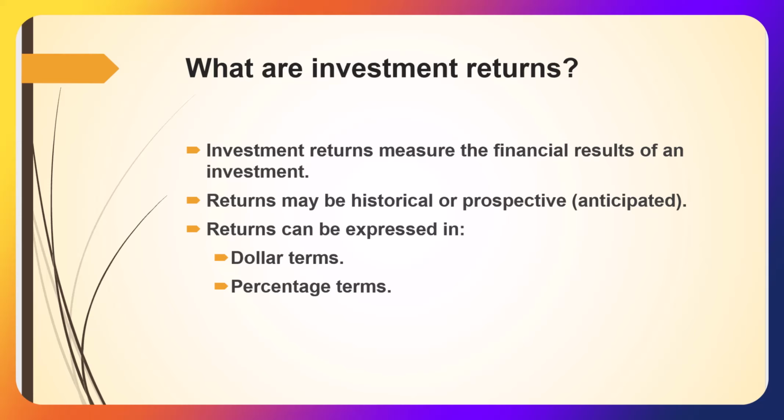Whether historical or prospective, understanding returns helps us decide between investments like high growth startups or steady income bonds. Analysts often estimate prospective returns by looking at factors like projected earnings growth, market conditions, and industry trends. So that's the return side.